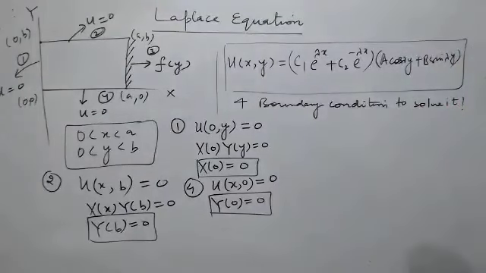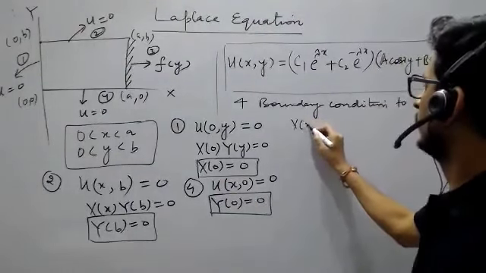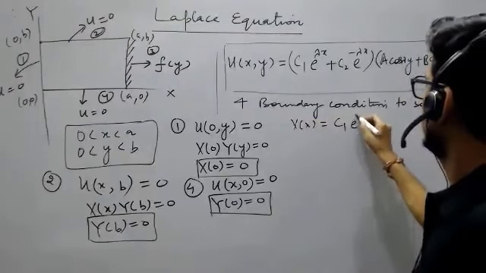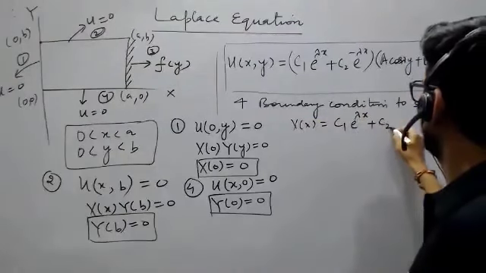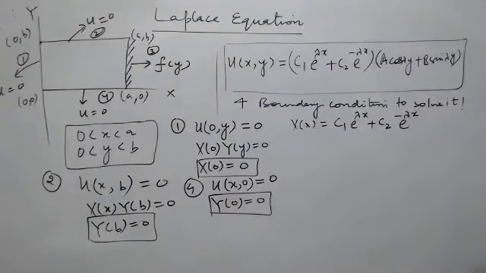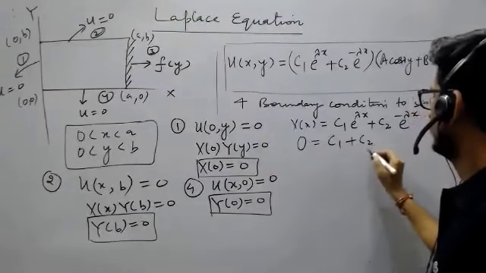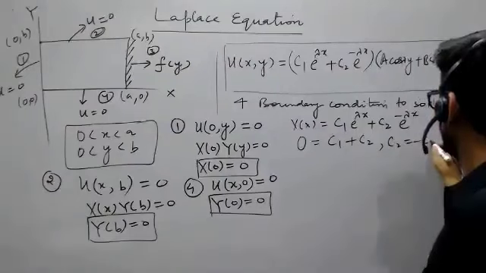So let me apply the first one. X is equal to c1 e to the power lambda x plus c2 e to the power minus lambda x. So it will become 0 is equal to c1 plus c2. So that means c2 becomes minus c1.